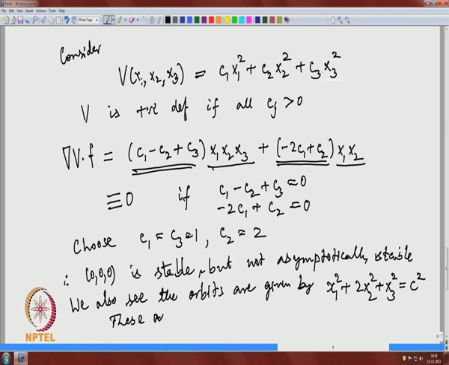These are ellipsoids again surrounding the origin. Okay. There is a reason for me stretching this, we will see later why I am stretching that. That is precisely the point in the Poincare-Bendixson theorem. Okay. That is fine.